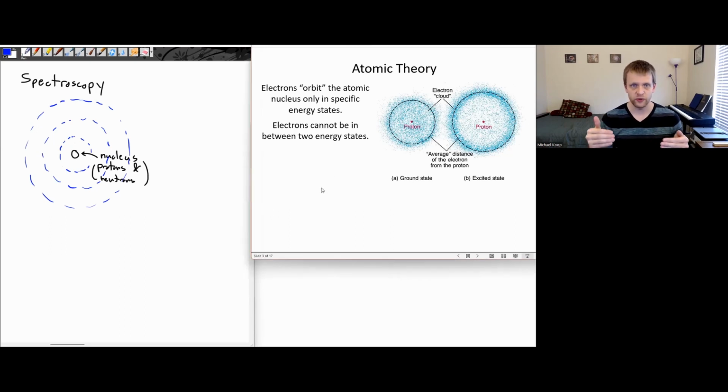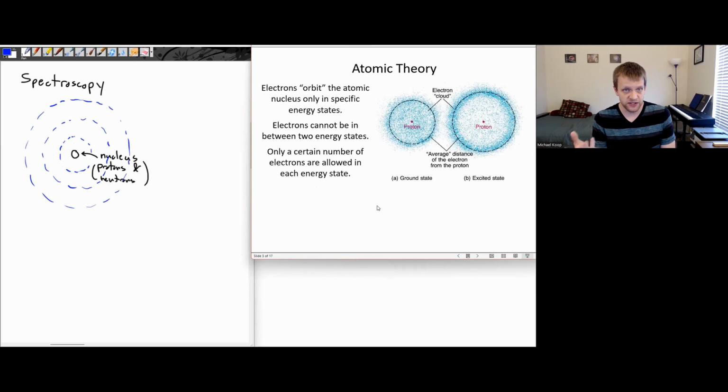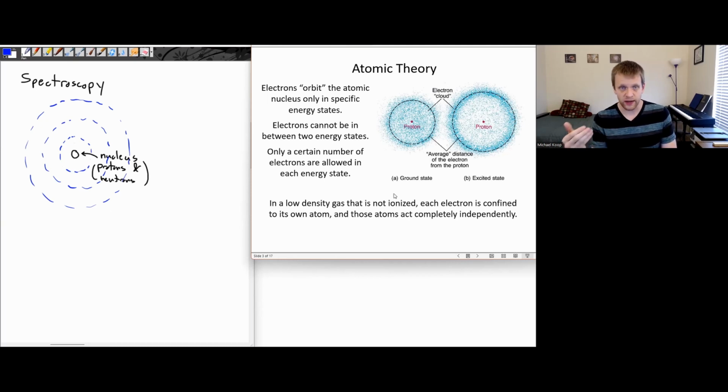But basically for now, the key point is an electron cannot be between two energy states. And which energy states are there is going to depend on exactly what kind of atom this is, whether it's an oxygen atom, a carbon atom, or a certain isotope of iron.